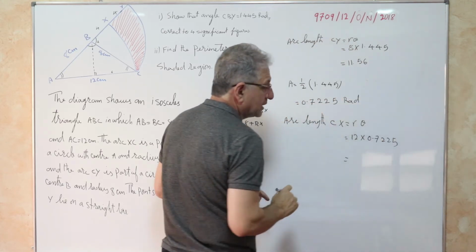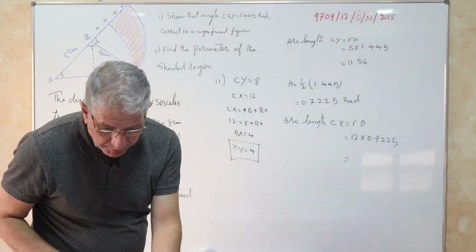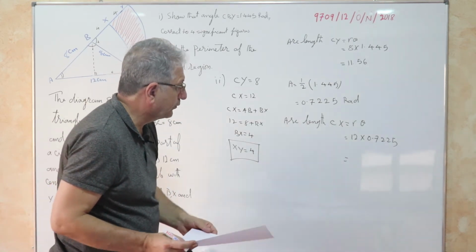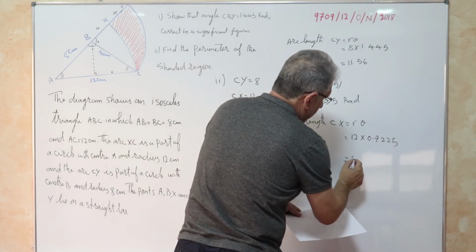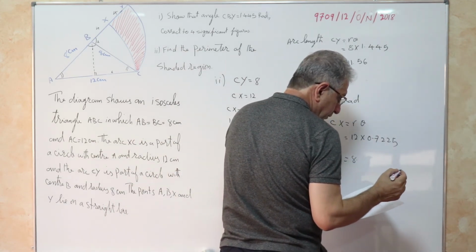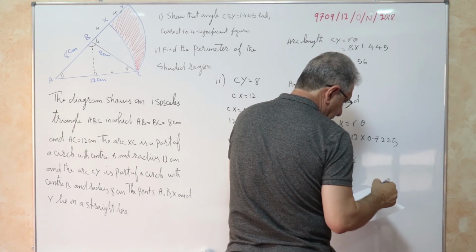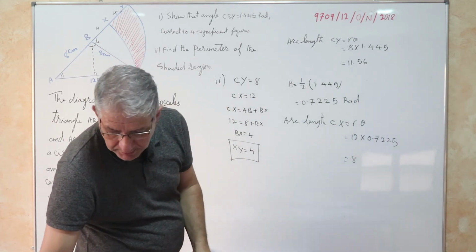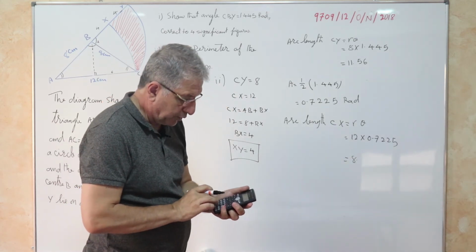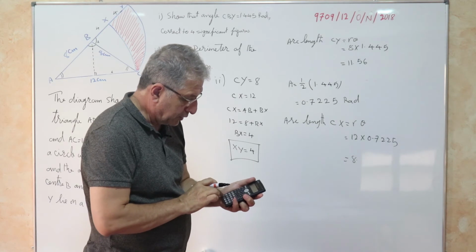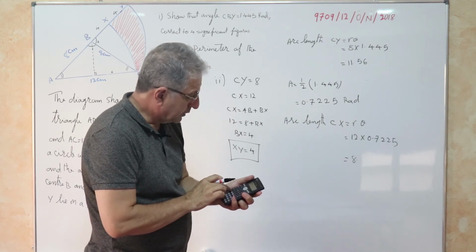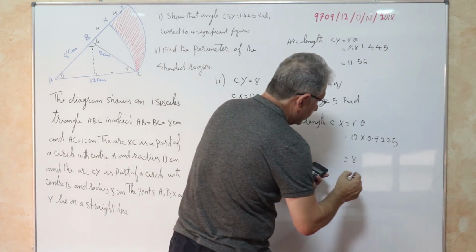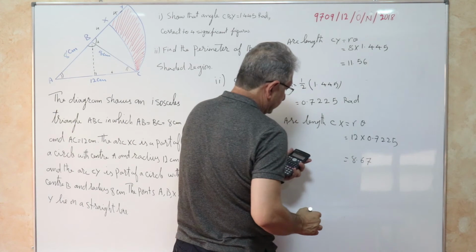Just multiply this, let me use the calculator again, 12 times 0.7225, you are going to get 8.67.